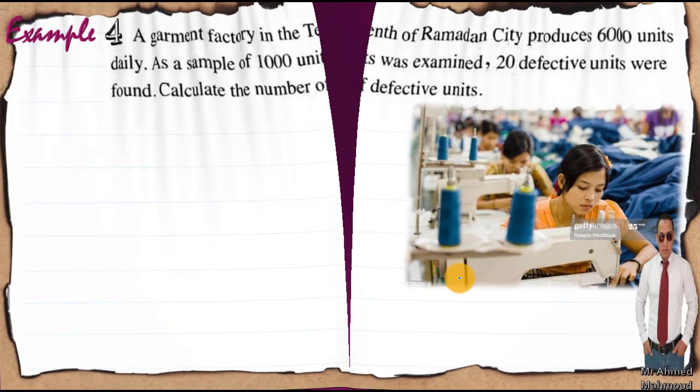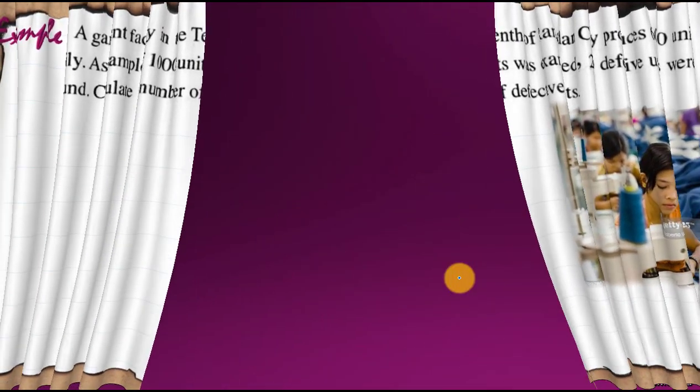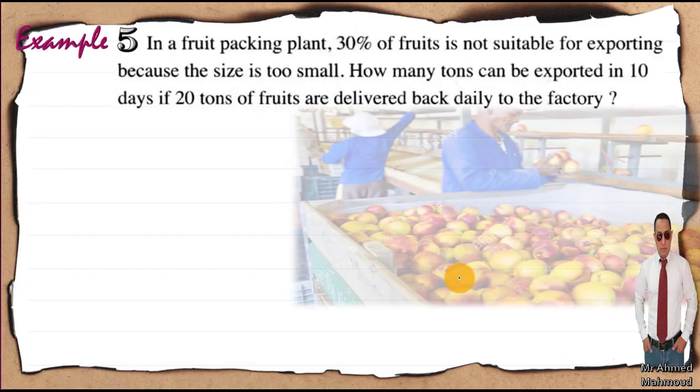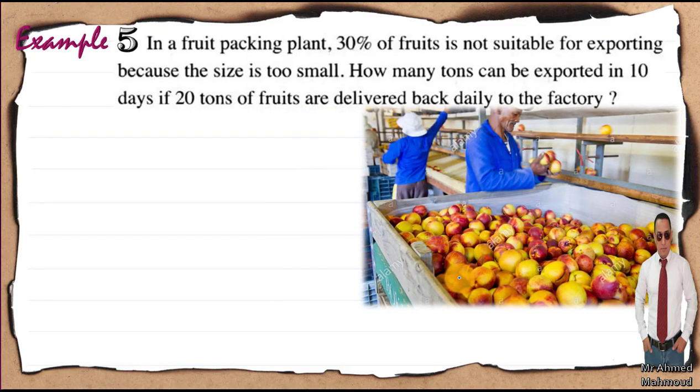Okay, another example, example 5. Here in this example, in a fruit packing plant, 30% of fruit is not suitable for exporting because the size is too small. How many tons can be exported in 10 days if 20 tons of fruits are delivered daily to the factory?